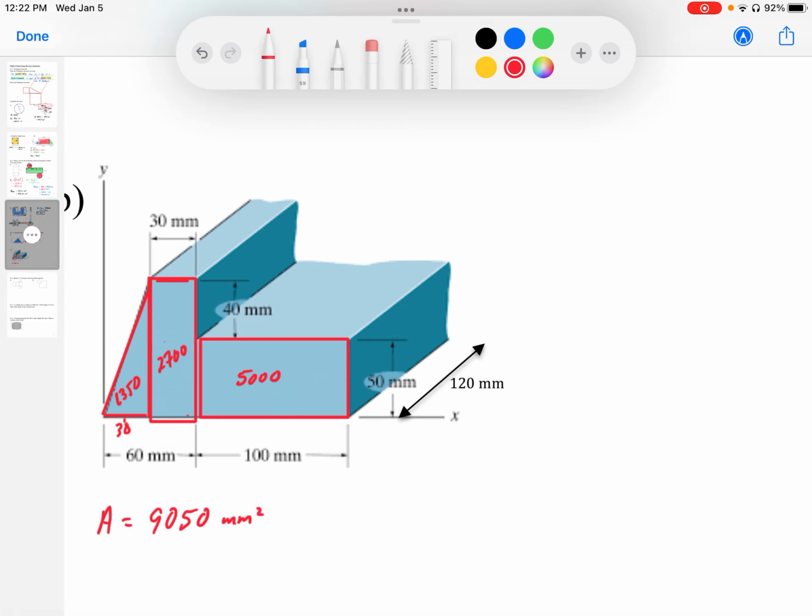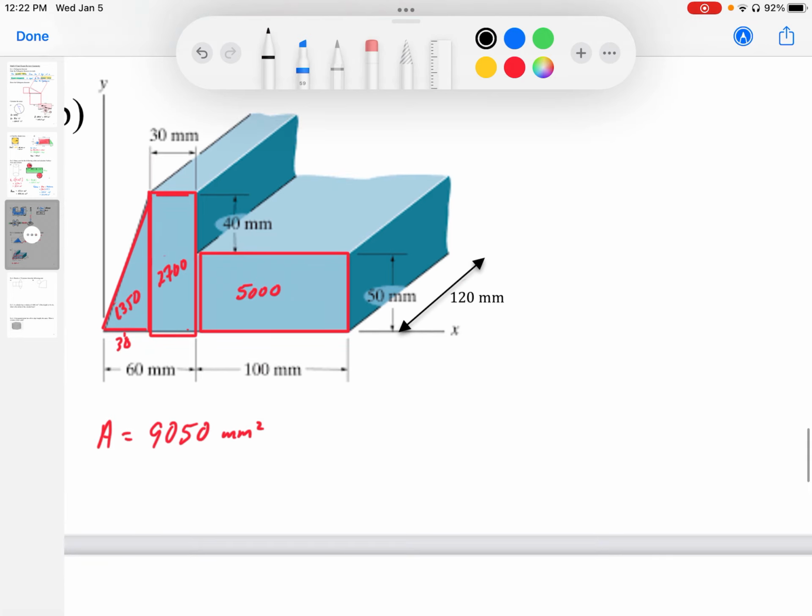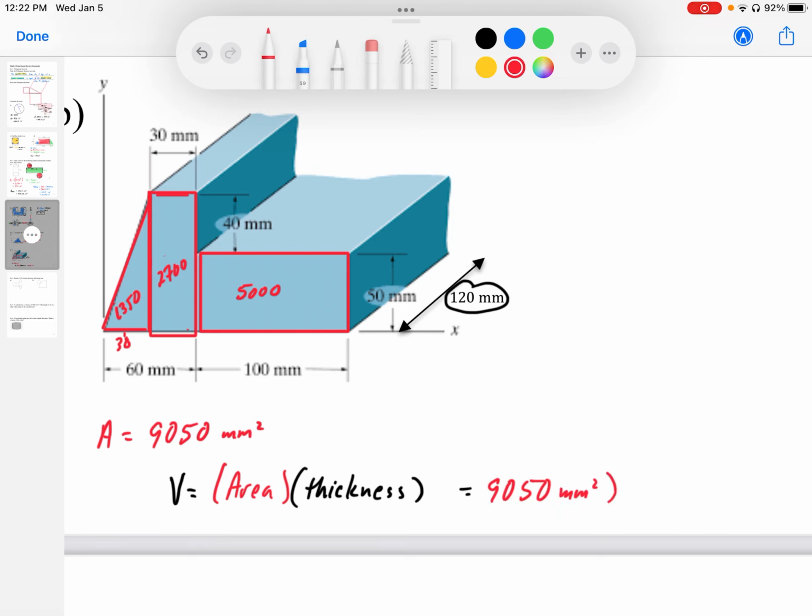Now to find volume again, volume can be calculated by area, cross-sectional area, times the thickness. In this case, the thickness is 120 millimeters. Okay, so then I get 9,050 millimeters squared times the thickness of 120 millimeters.